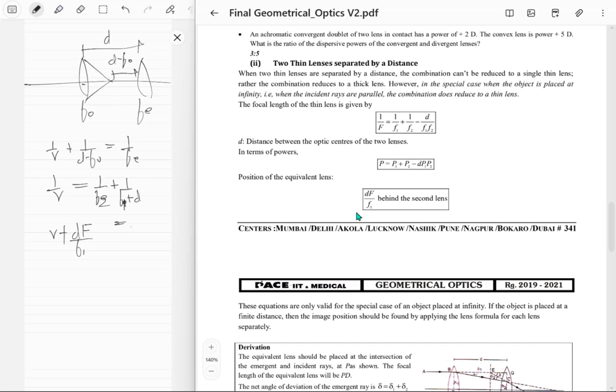This will be equal to f1 plus t plus f2 upon f2 times f1 plus t. So v is f2 times f1 plus t upon f1 plus f2 plus t. Now this plus df upon f1. Why just f1? I don't get it. What's that going to do?